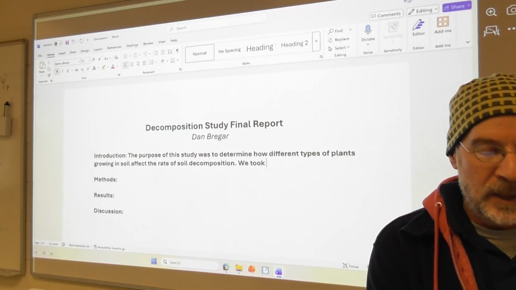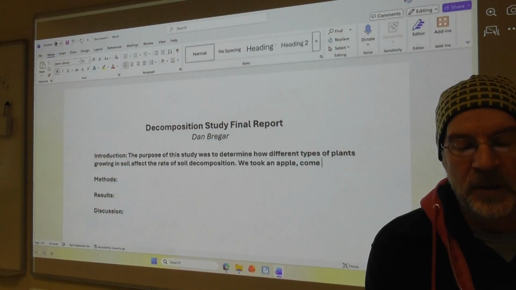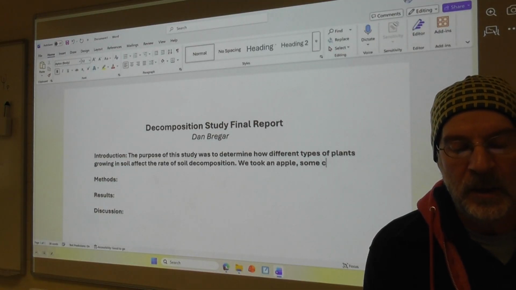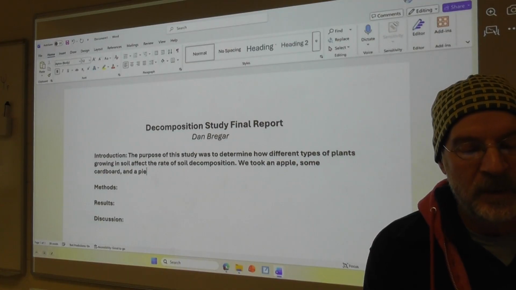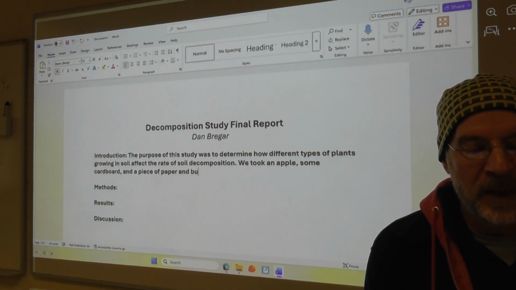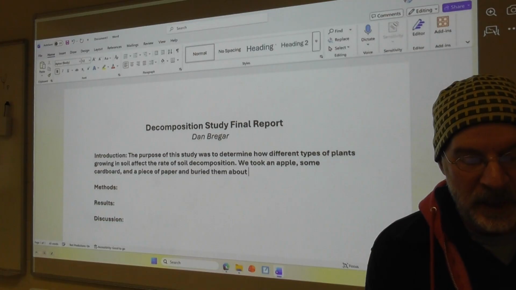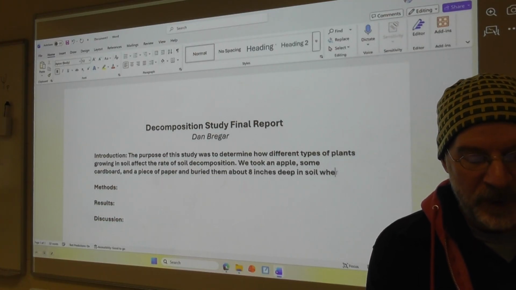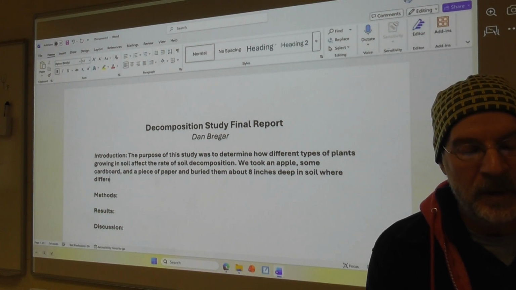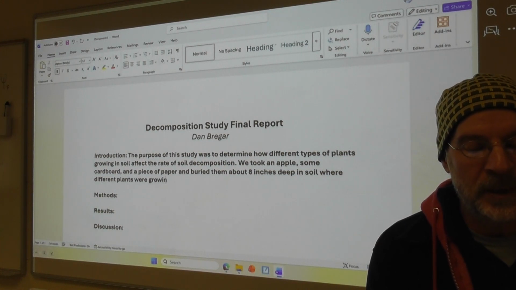We took an apple, some cardboard, and a piece of paper, and buried them about 8 inches deep in soil where different plants were growing.